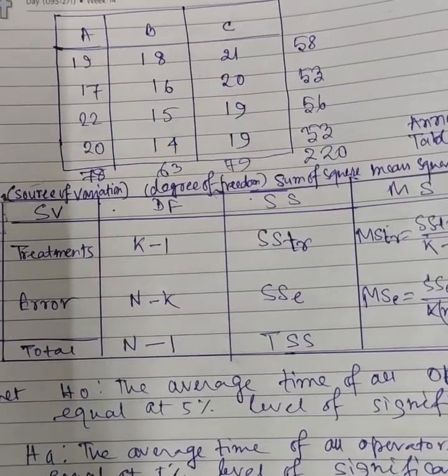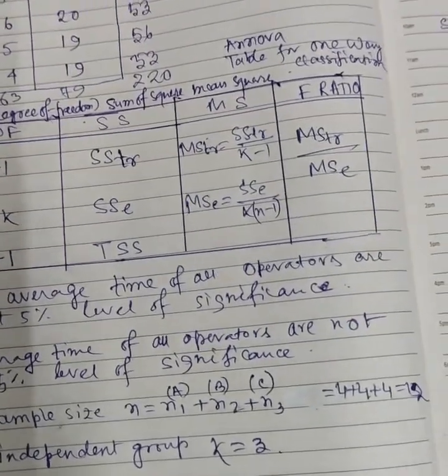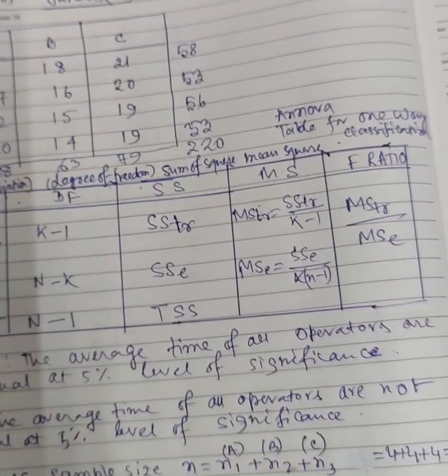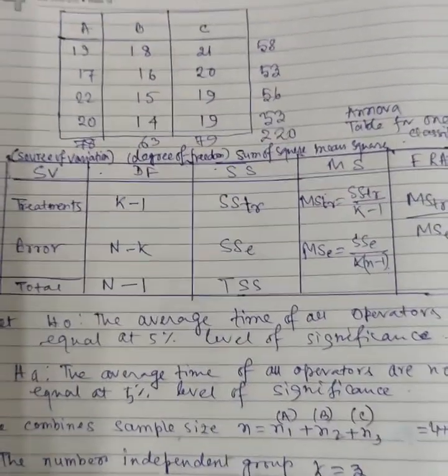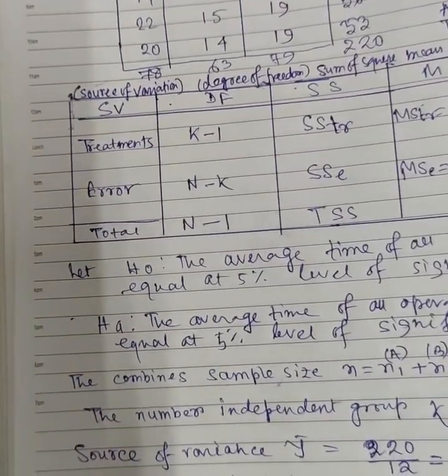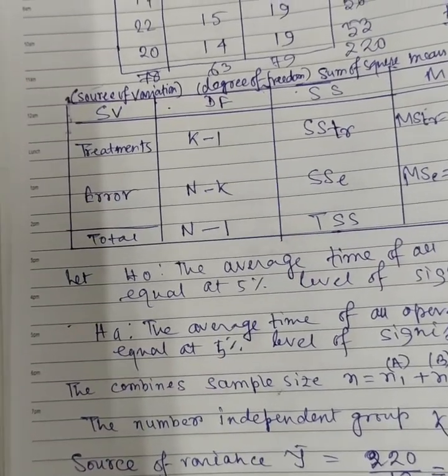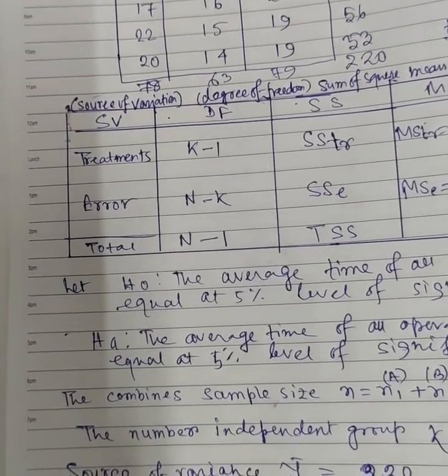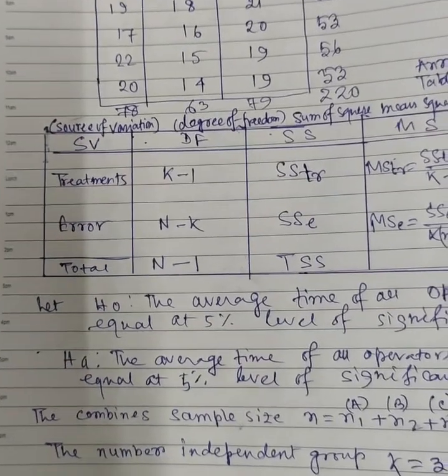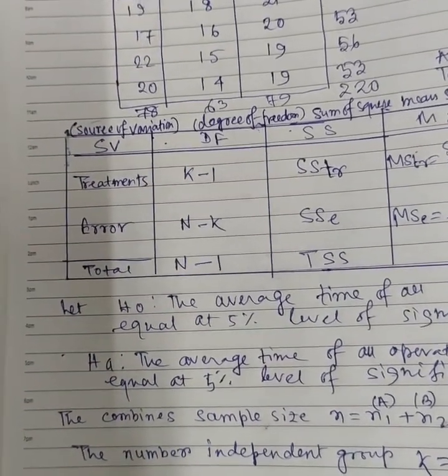The main thing is our H0: the average times of the operators are equal at 5% significance. The math provides that the average time of all the operations is equal at the 5% level.